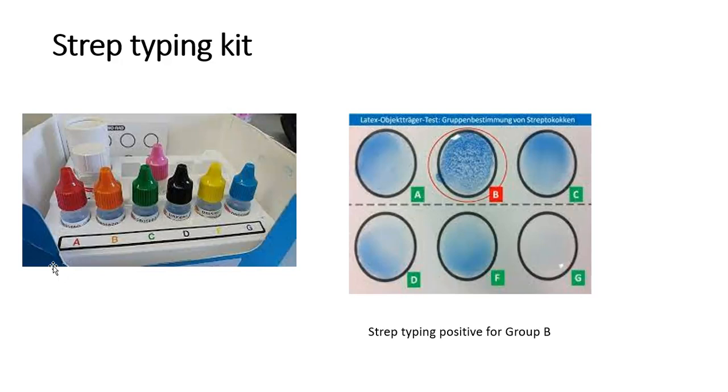And in a minute or two, it's going to agglutinate if it's one of these. This one is showing a positive test for group E strep, S. dysgalactiae. You can see the agglutination or the clumping. Okay, and so that's how we test for Streptococcus.